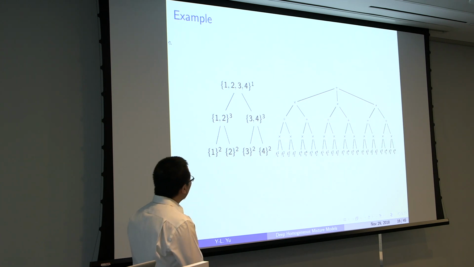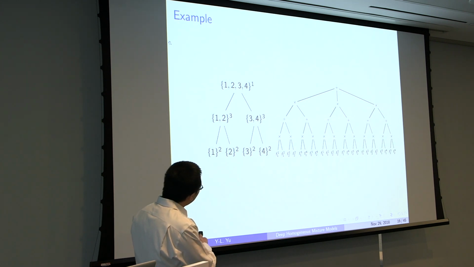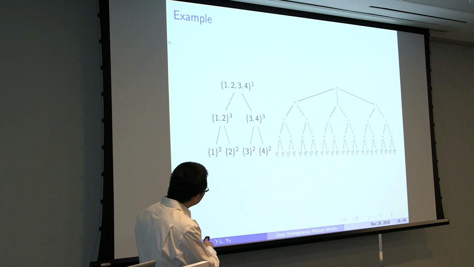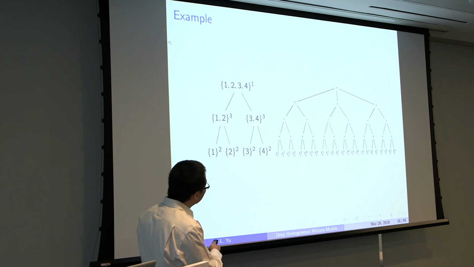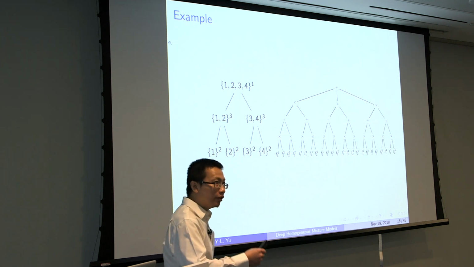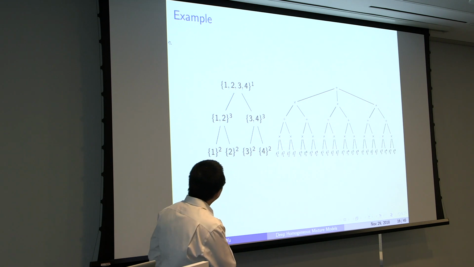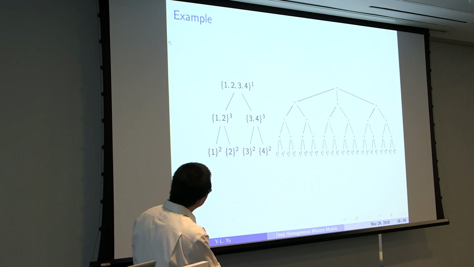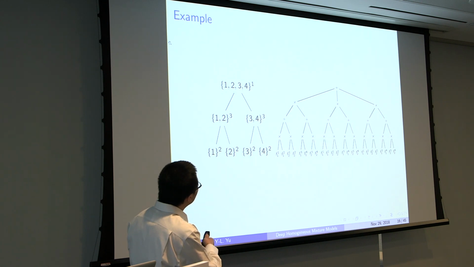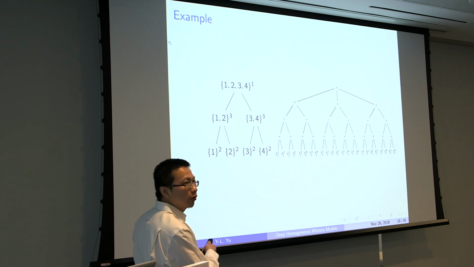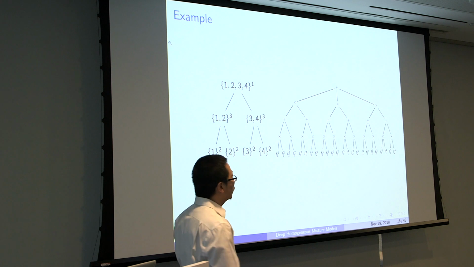Here's an example. Take a function space of the first variable, the second, the third, and the fourth variable, where each function space has dimension 2. Here I'm using a superscript to describe the dimension of the space. If you compute the tensor product of the first two, you get a function on x1 and x2. The dimension should be 2 times 2, that is 4, but in the hierarchical tensor format you truncate.